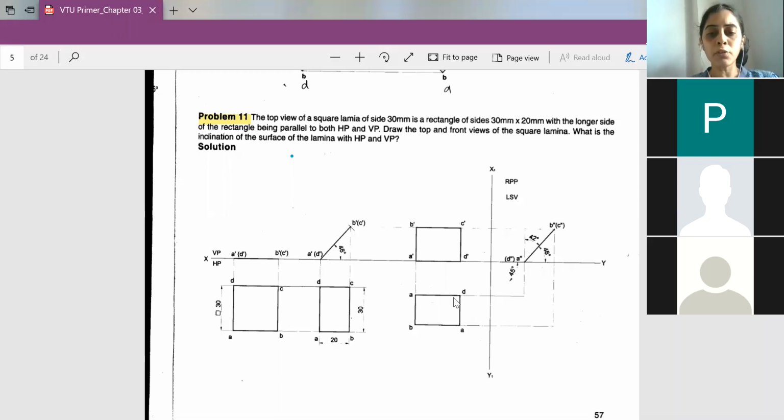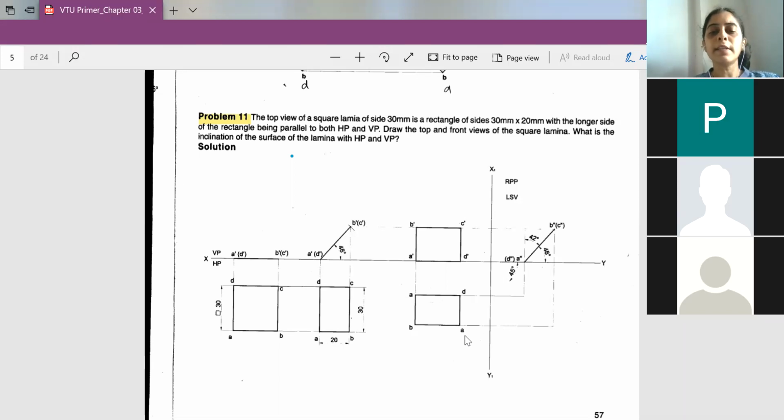After that, you know this angle should be exactly 90 degrees. So keep the protractor here and take 90 degrees down. After taking 90 degrees down, you measure the distance AB, which is 20 mm. So keep one end of the compass here and cut an arc for exactly 20 mm on this 90 degree line. Again on this 90 degree line, you measure the distance DC and cut an arc.